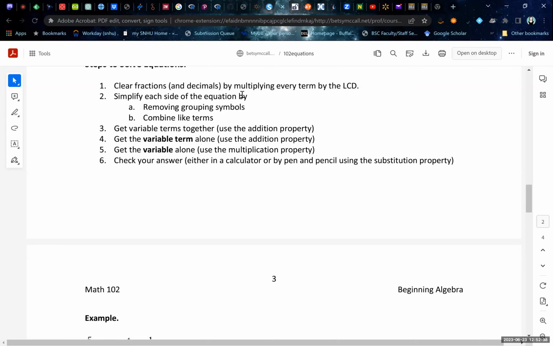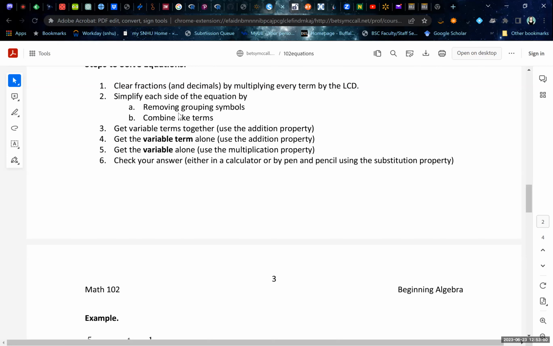If you have an expression, you're just stuck with the fractions. But if you have an equation, you can make your life easier by clearing the fractions, by multiplying by the LCD. So using that multiplication property.